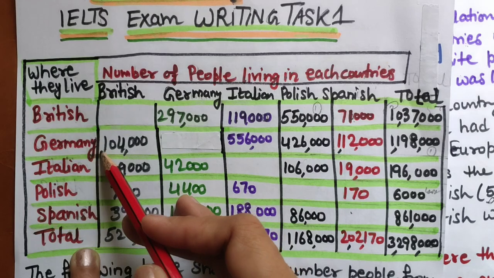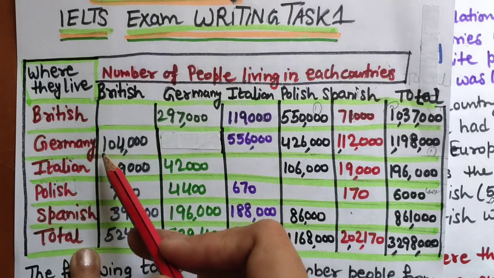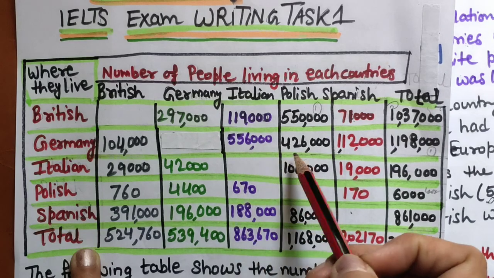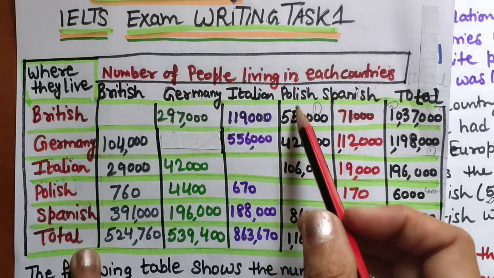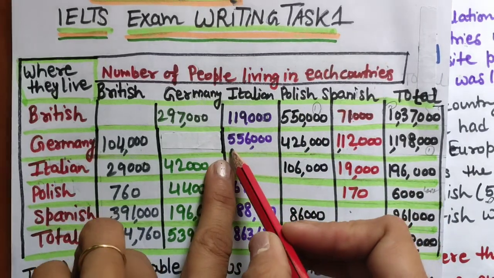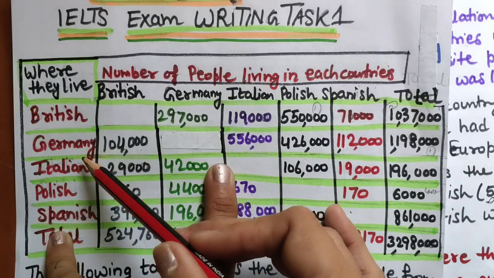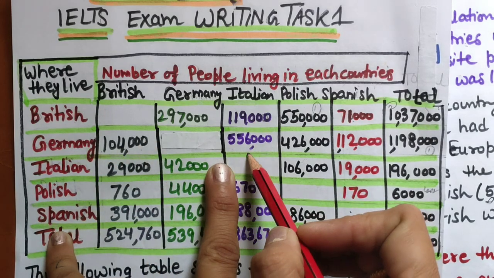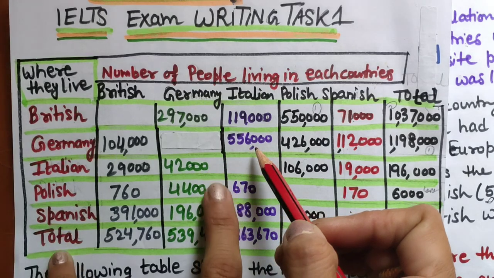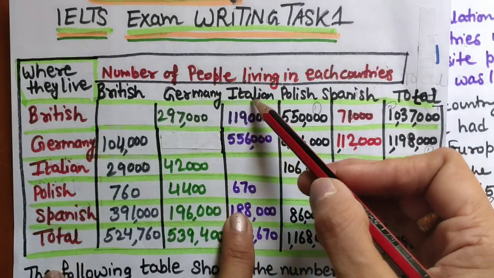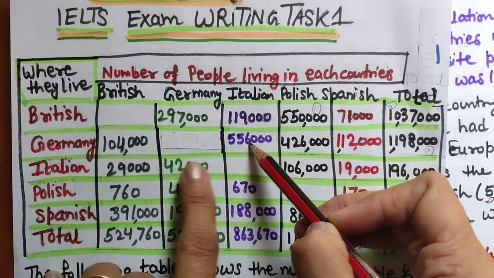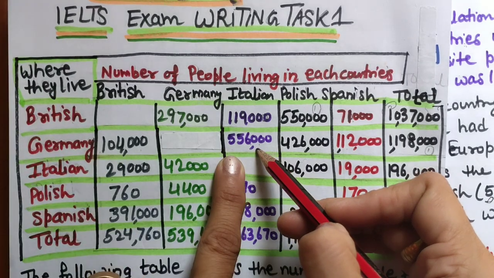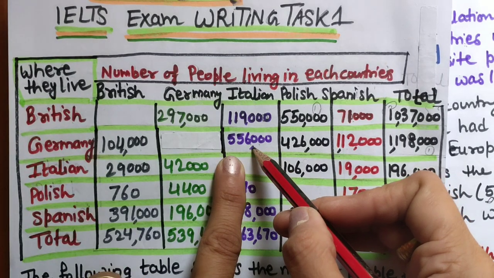So Germany people are staying in British, Italian, Polish and Spanish. Like Italy. No, I am reading wrong, I am reading in a different way. So Italian people are more living in Germany. I think I am reading it the wrong way.